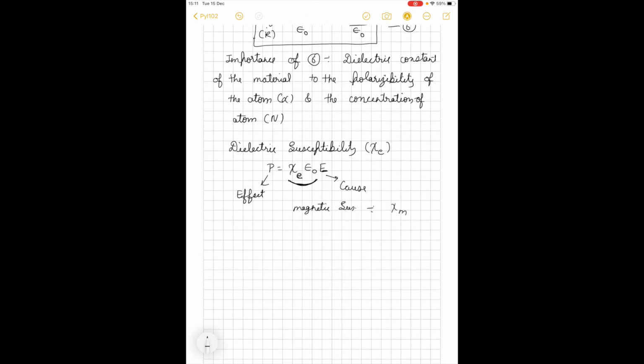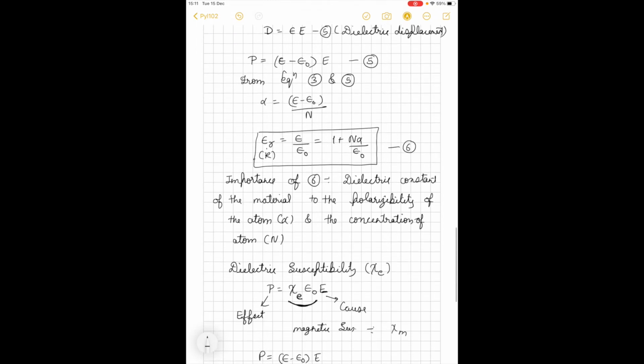So now we can compare the equation P is equal to chi E epsilon naught E and the equation that we wrote, P is equal to epsilon minus epsilon naught times E, which was equation number 5.